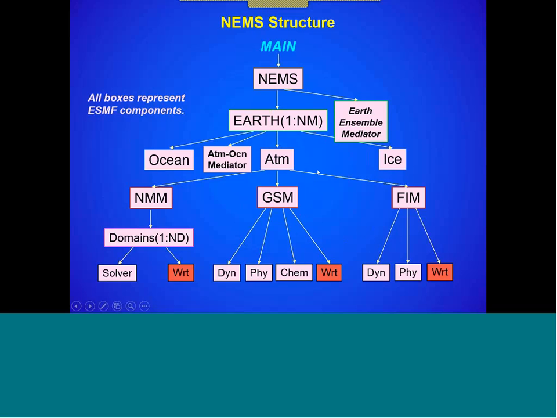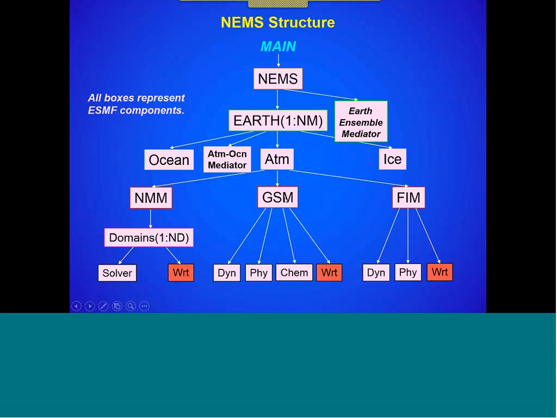The atmosphere has right now 3 different choices for full models: the nested model that we run in mesoscale mode in operations, the global spectral model that runs our global model in operations, and the FIM from ESRL, which is the finite volume icosahedral model.